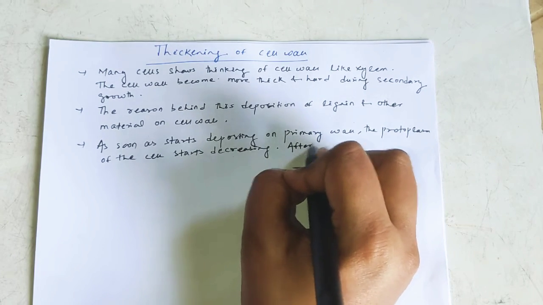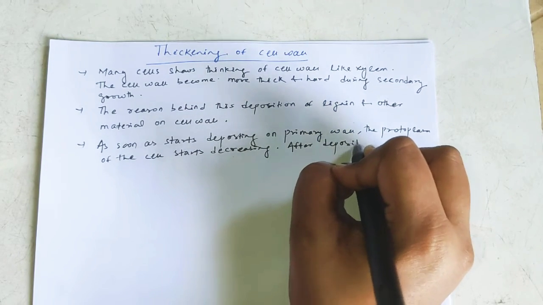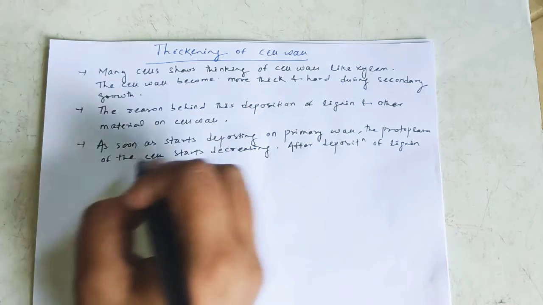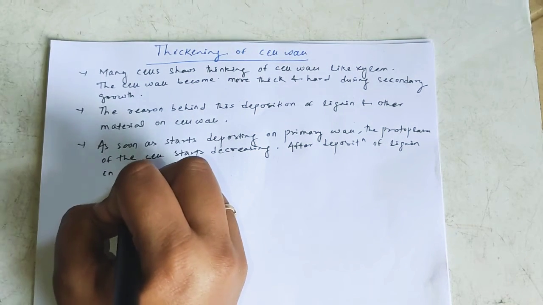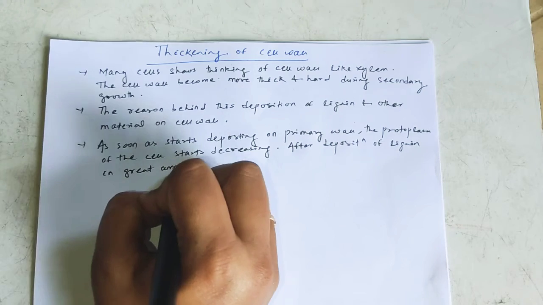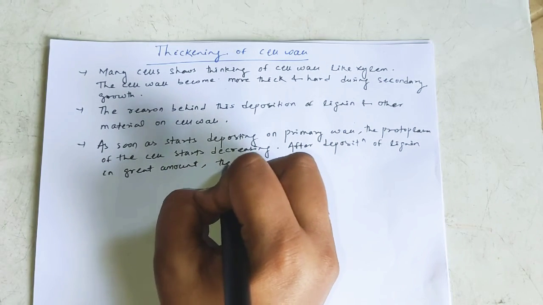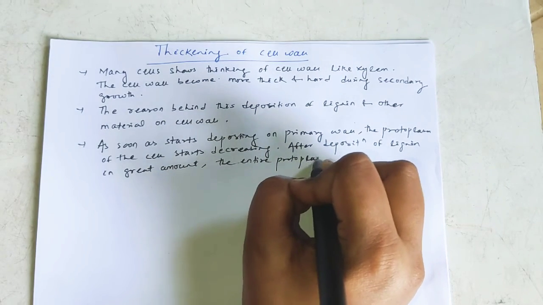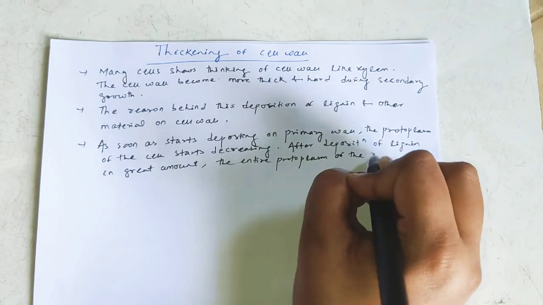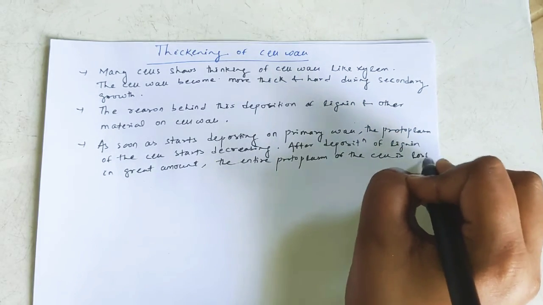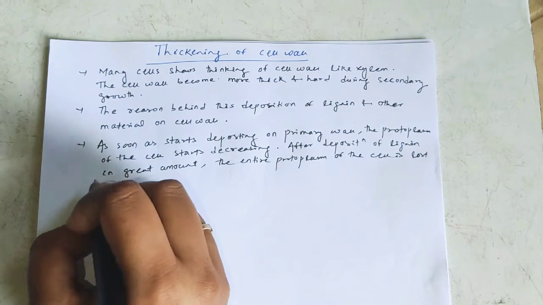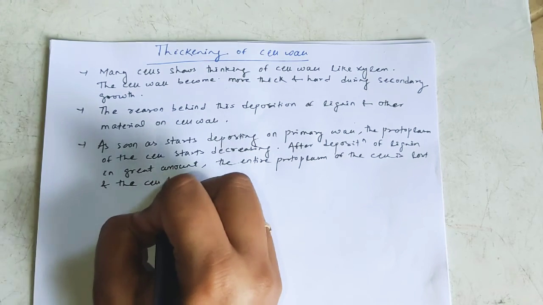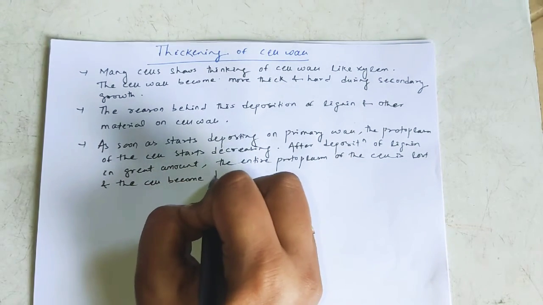Then after deposition of lignin and other material in great amount, the entire protoplasm of the cell is lost. Clear up to this? And due to that what happened? The cell becomes dead.